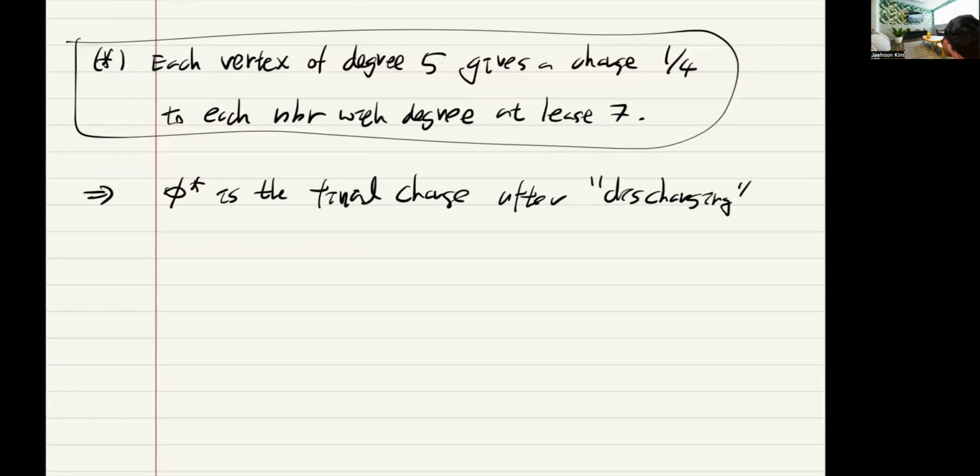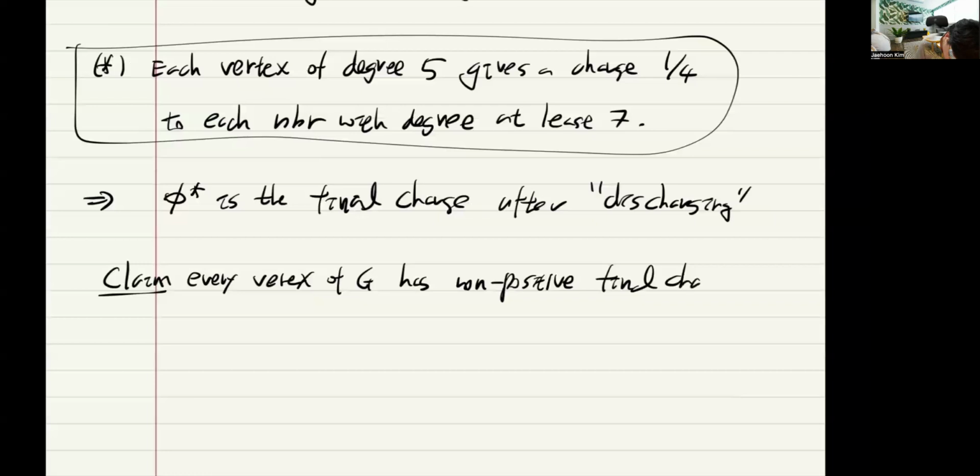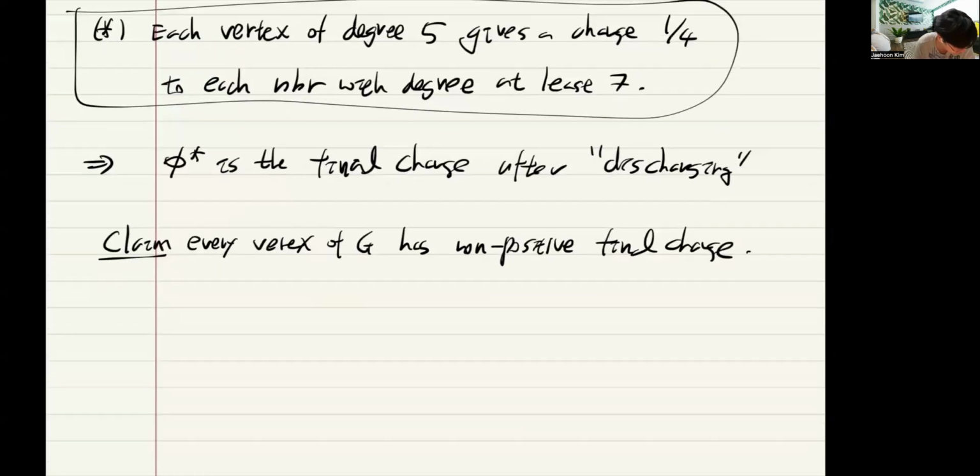Then what? Now we want to claim that every vertex of G has non-positive final charge.